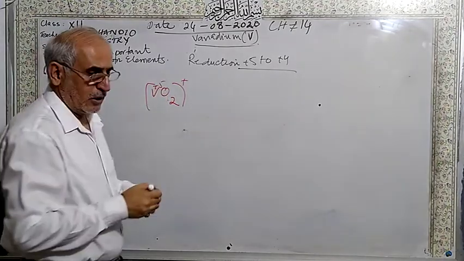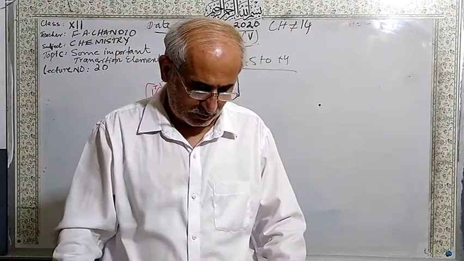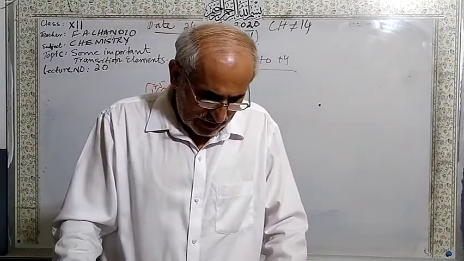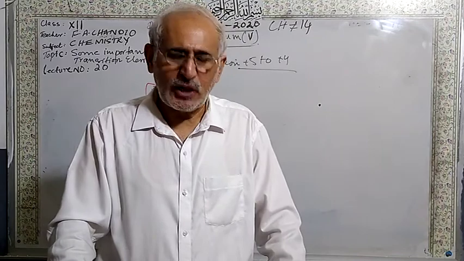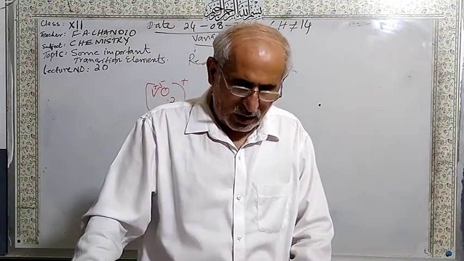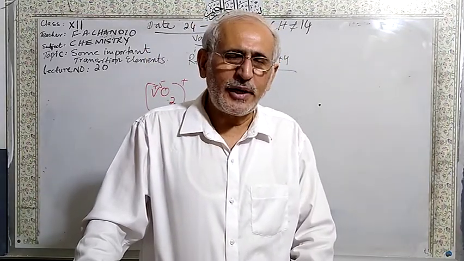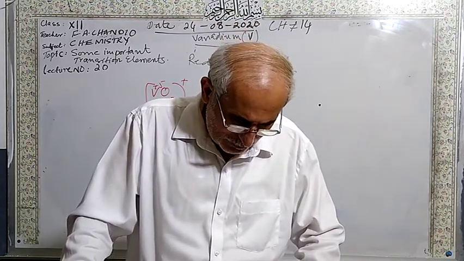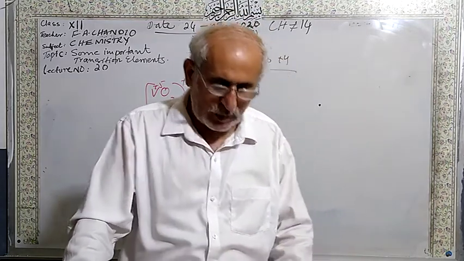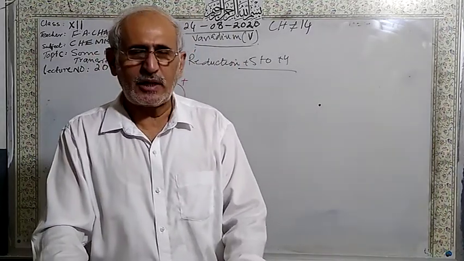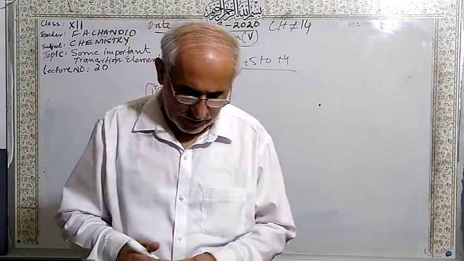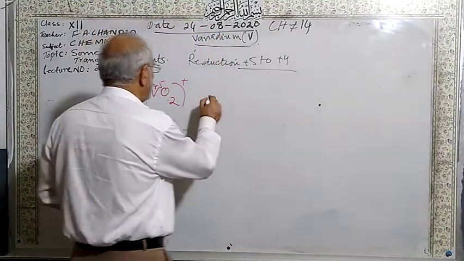This color is yellow. Then after changing, you will get a transition state. In this transition state, you will get a new oxidation state of vanadium, which is a mixture, an intermediate. The green is a mixture of the original yellow and blue, and it is going to be changed into oxidation number 4.